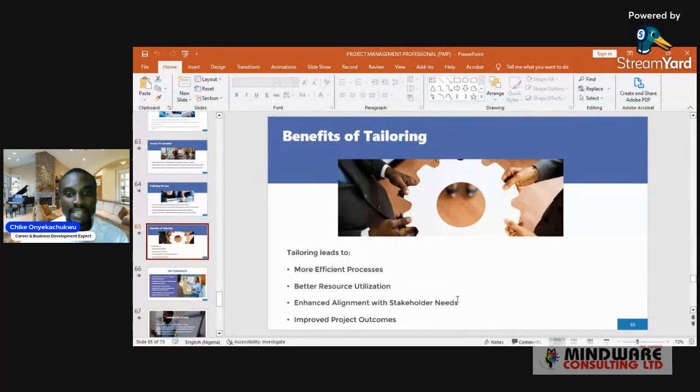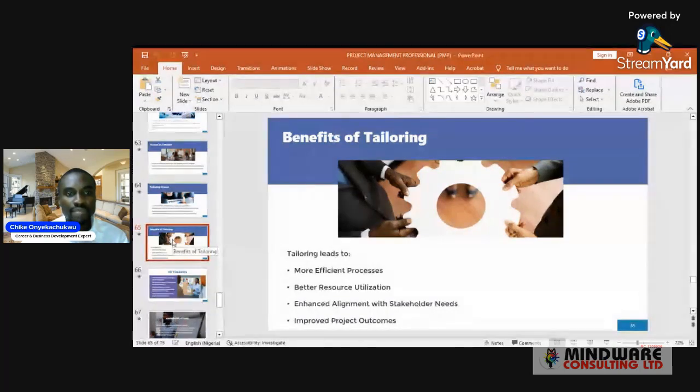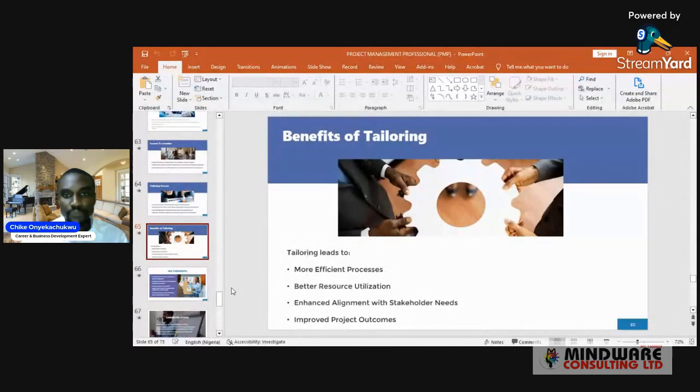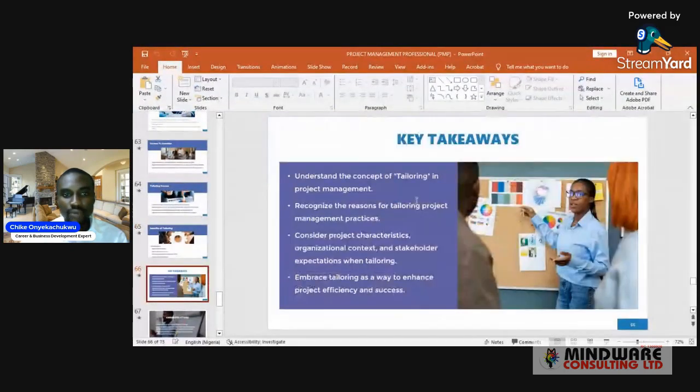Enhanced alignment with stakeholder needs: to avoid conflict or friction in your project, you need to align your processes to your stakeholder needs. That will save you a lot of stress and headache as a project manager. Improved project outcomes: if you're able to do these things well, at the end of the day, you have better outcomes. Okay. So that's that for tailoring.